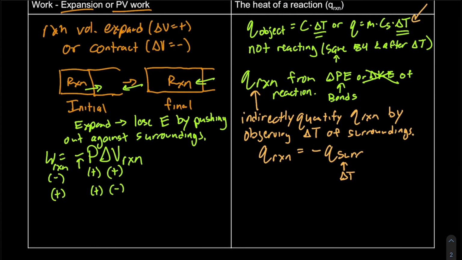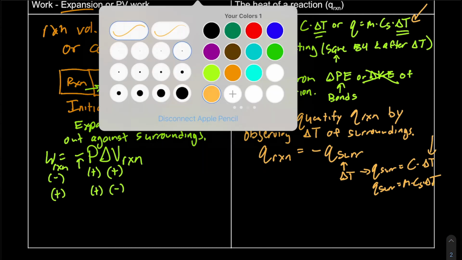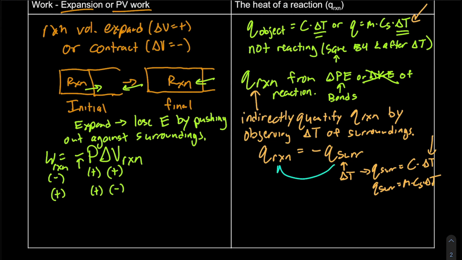So now as we're looking at our surroundings undergoing this temperature change, that means we can calculate the Q of our surroundings as C delta T, or the Q of our surroundings as MCS delta T. Now, once we know information about our surroundings, we can measure temperature. Right? That's something that we have the ability to quantify and measure by using a thermometer. That gives us the ability to then backtrack and tell us some information about how much heat is released or absorbed by a reaction.